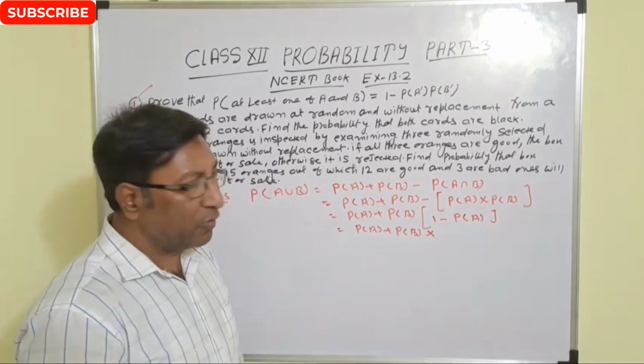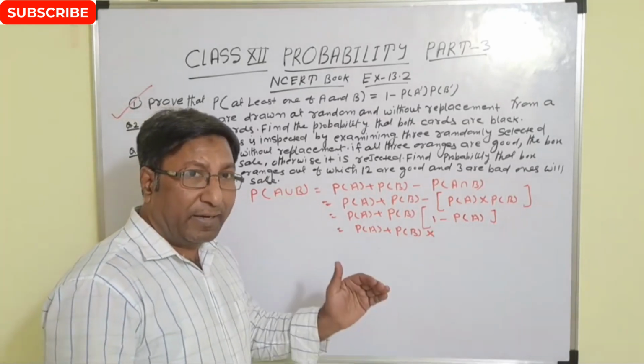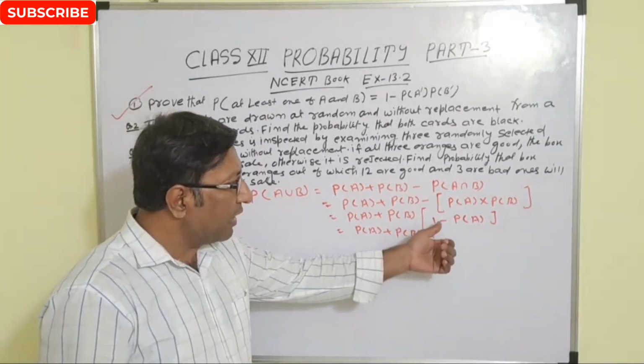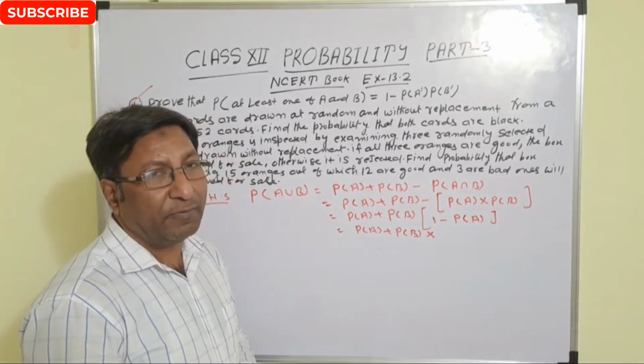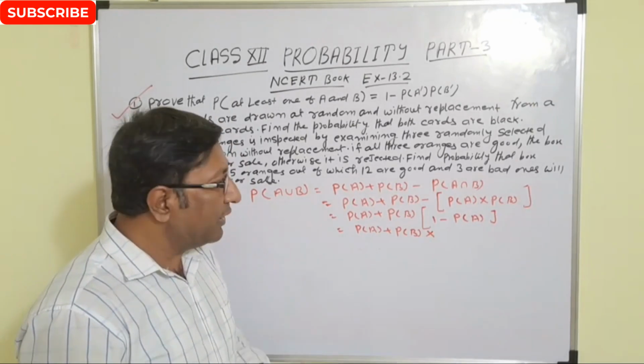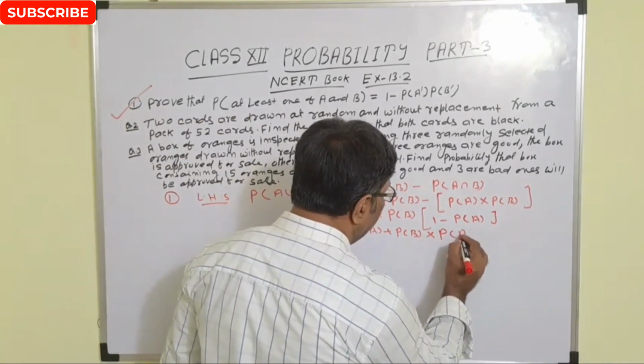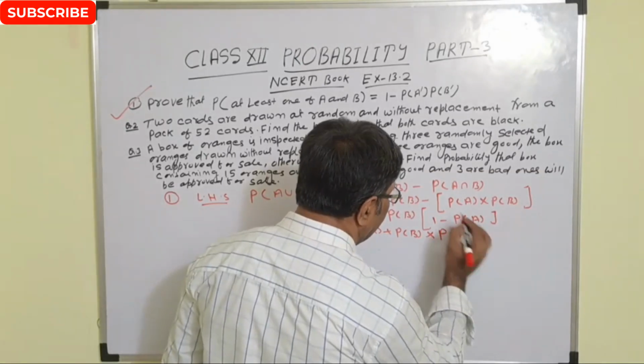Probability of A naught, because you know probability of A naught is 1 minus probability of A. So this is probability of A naught, that is A dash.